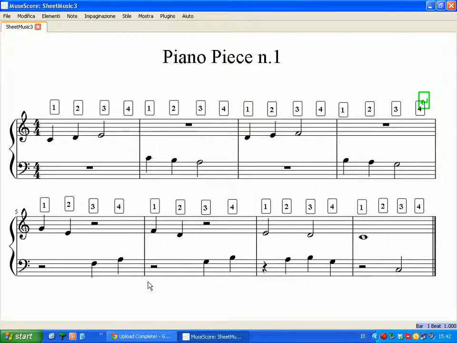Ta ta, ta ta, ta ta ta, ta. Well, this is the way that we have to follow to understand how to read piano sheet music.